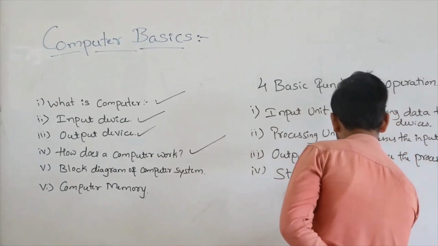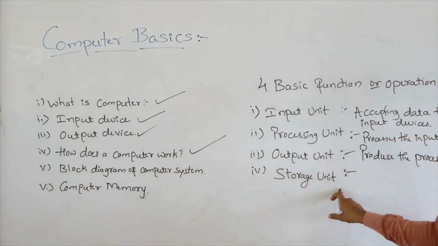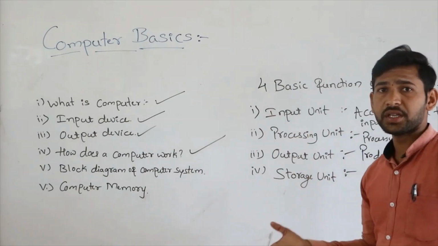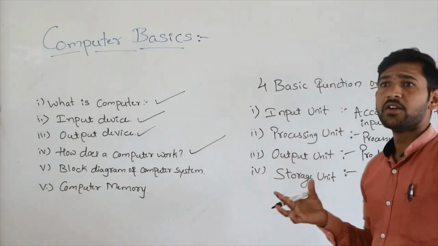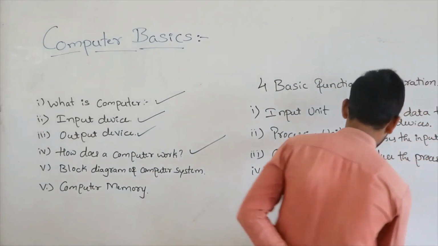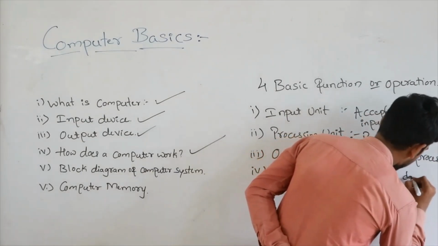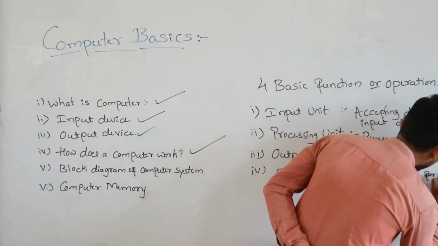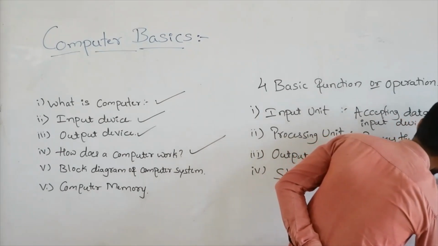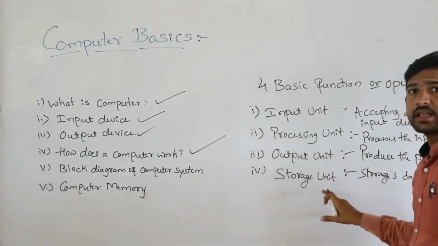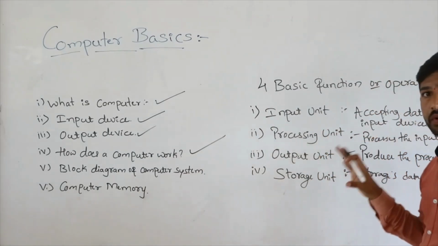And the last one is the storage unit. The storage unit is used to store the data for future use. These are the four basic functions of computer systems.